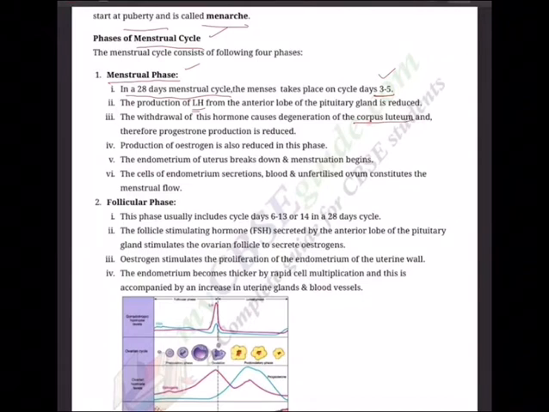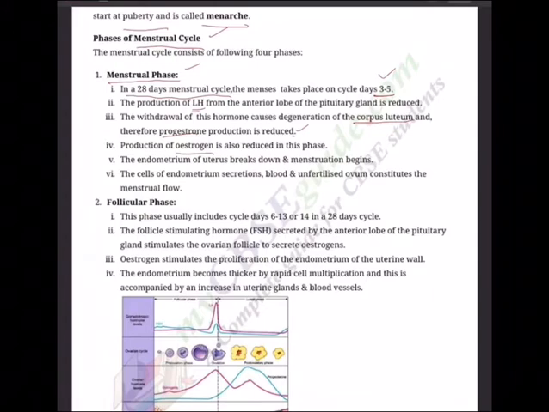Remember, in oogenesis, the corpus luteum is formed and the functional ovum starts coming out. So what happens to that corpus luteum? It gets degenerated because of the low LH levels, and therefore progesterone production is also reduced. So LH reduced, progesterone reduced. Production of estrogen is also reduced.